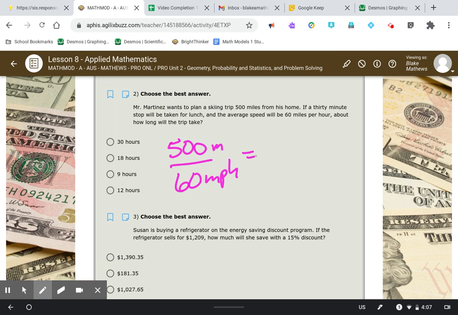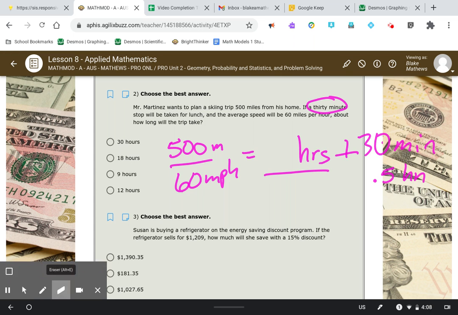If we divide those two numbers, we will get the number of hours for the actual time driving. And then we also know there's going to be a 30-minute stop. So once we get the hours, we add 30 minutes to it, which is also known as half an hour. And that will give us the solution to this problem.